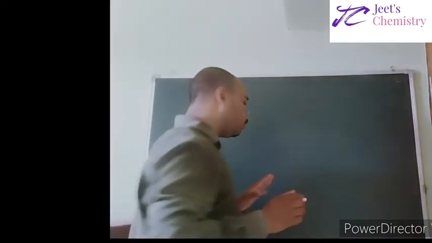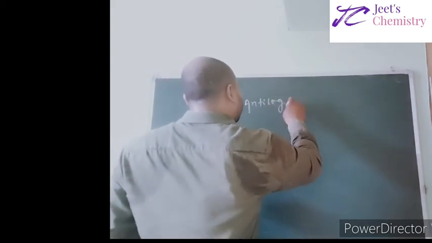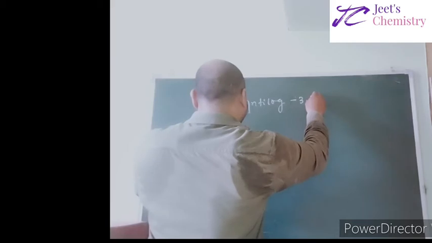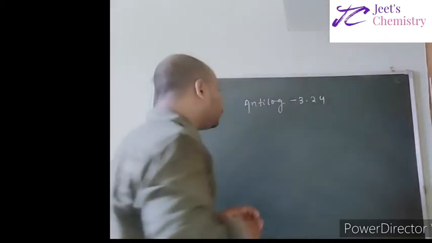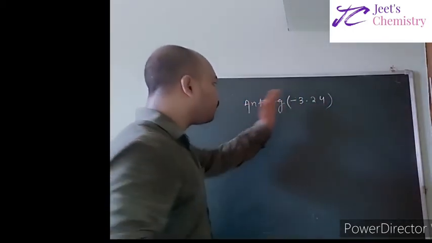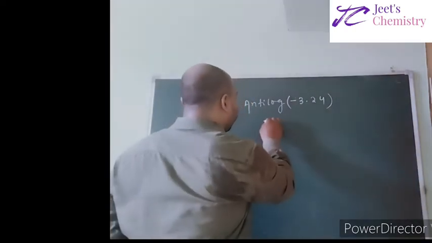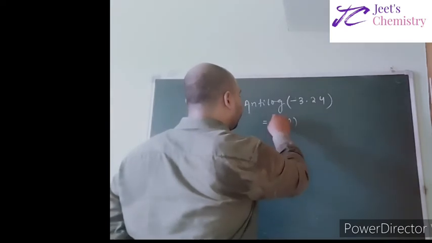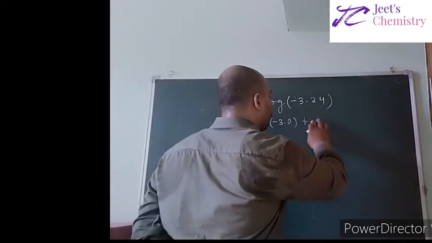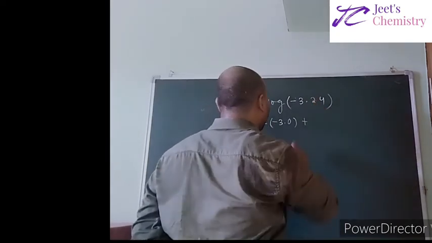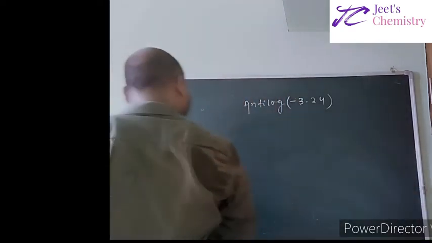Same procedure, there is no difference. Consider the antilog of minus 3.24. In negative antilog we can say antilog minus 3.24. Now here, same procedure, we will first make it positive.